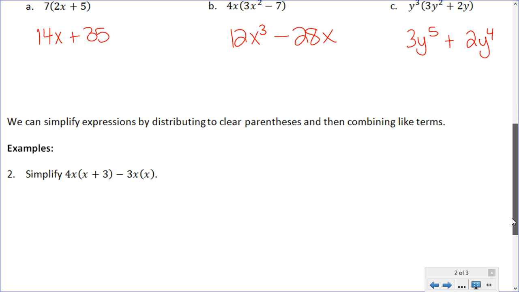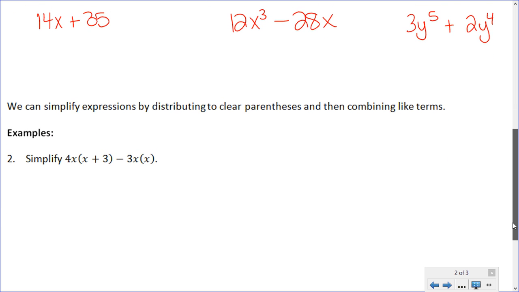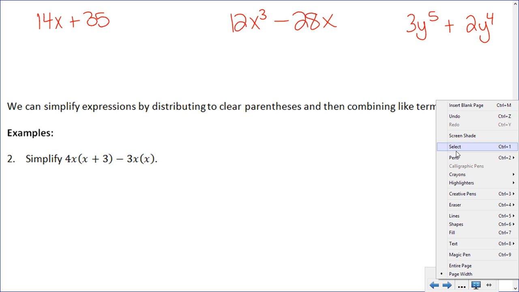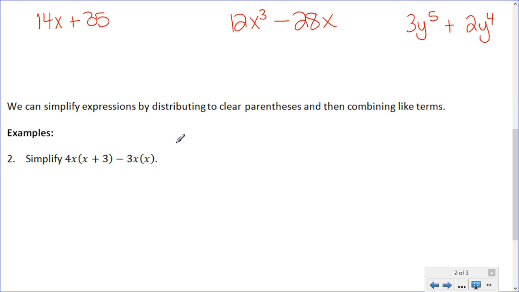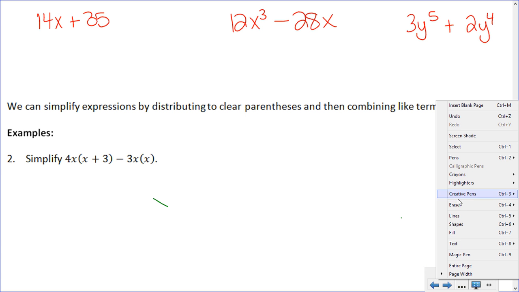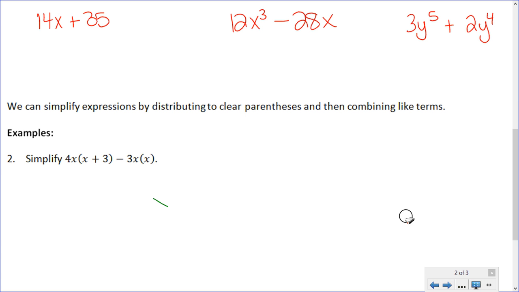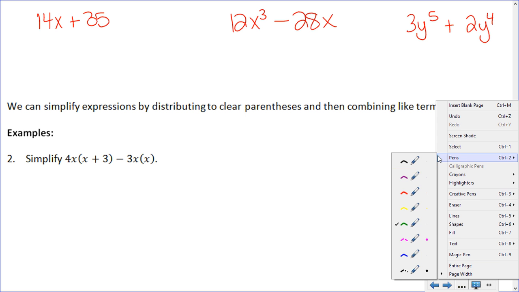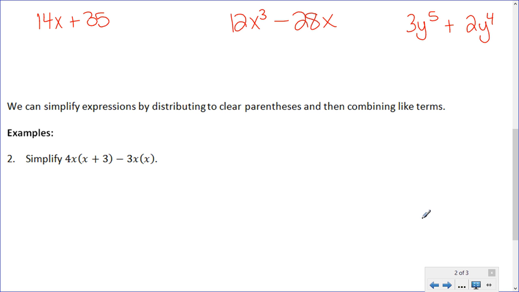All right, we can simplify expressions by distributing to clear parentheses and then combining like terms. So if I wanted to simplify this expression, since there are parentheses involved, I would need to first distribute to clear any parentheses, and then I can combine like terms just like we did in looking ahead section 1.